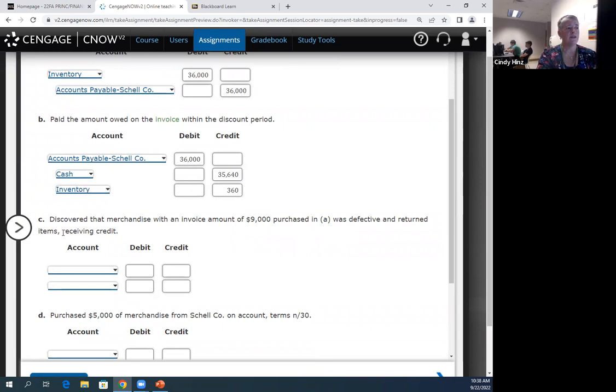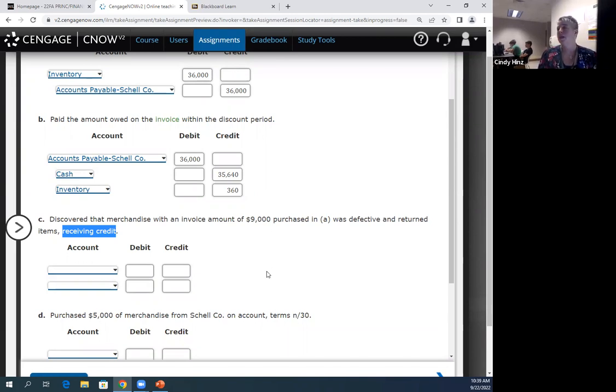It tells us that Shell Company gives us credit. If this is a company with whom we do business routinely, we might place an order with this company every week or once a month. In that case, we might just accept the credit memo to apply toward our next invoice. And that's what we're doing here.